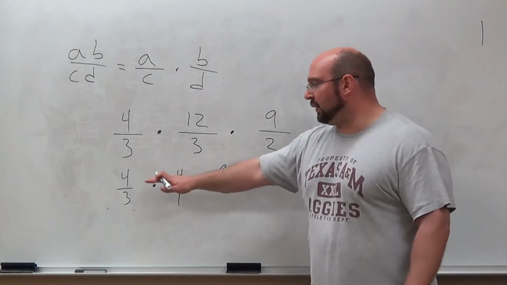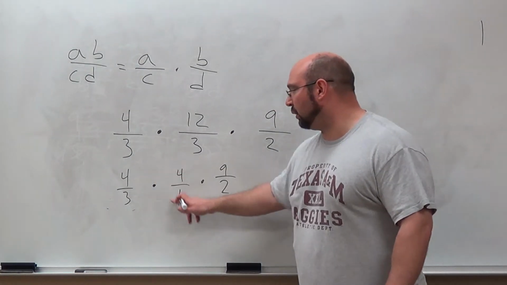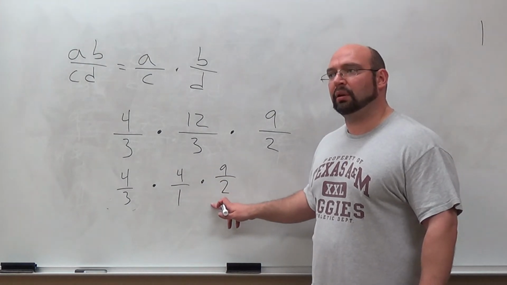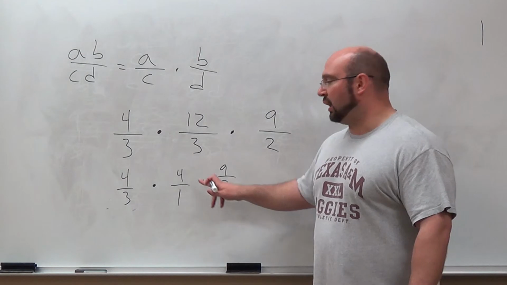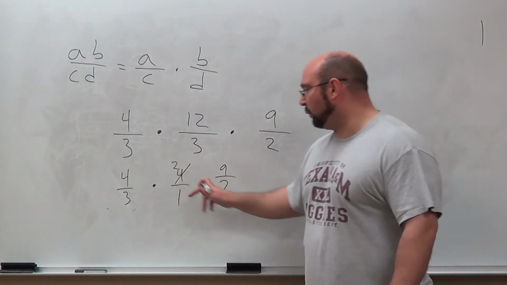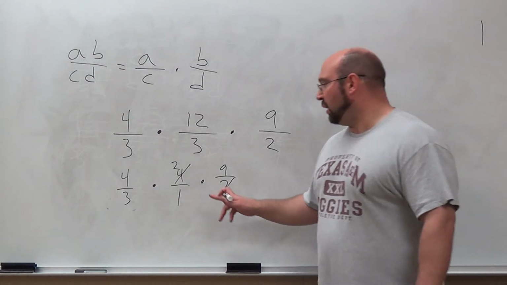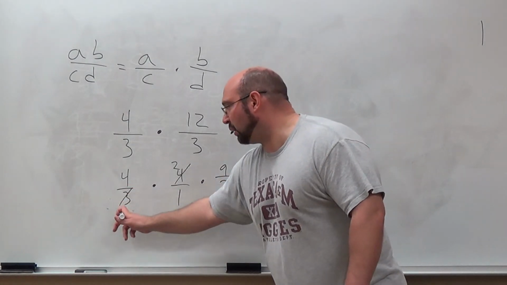Now as I'm looking at this diagonally, well these don't match up here. But if I look here, this 4 and 2 will reduce out. So I'm going to divide both of them by 2. I divide 4 by 2, I get 2. I divide 2 by 2, I get 1. This 3, I divide by 3, I get 1.